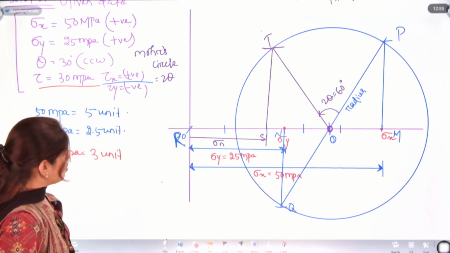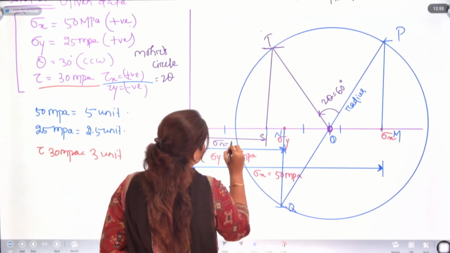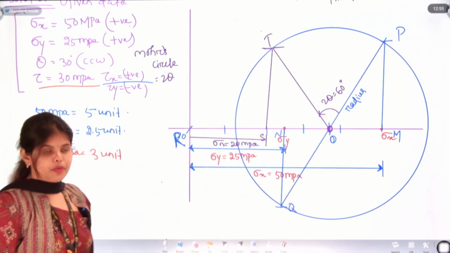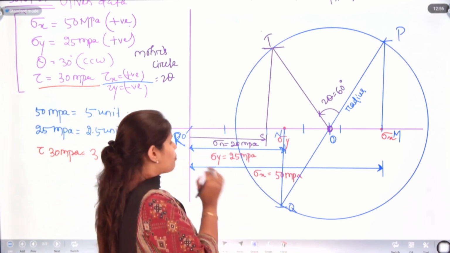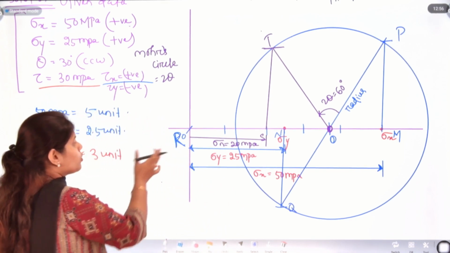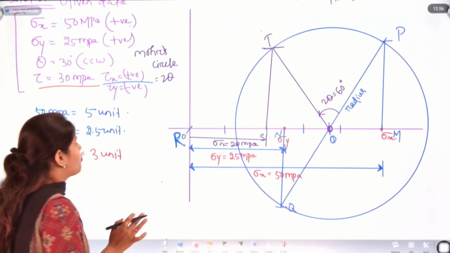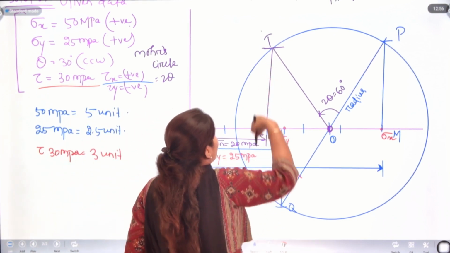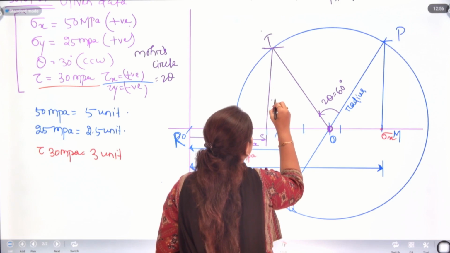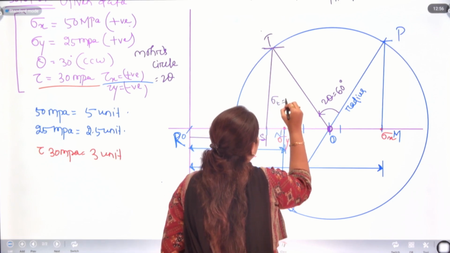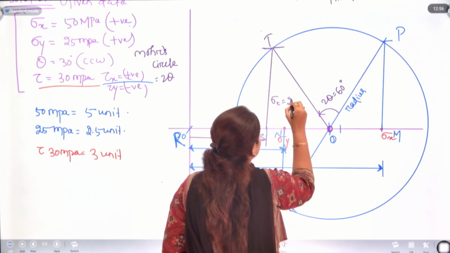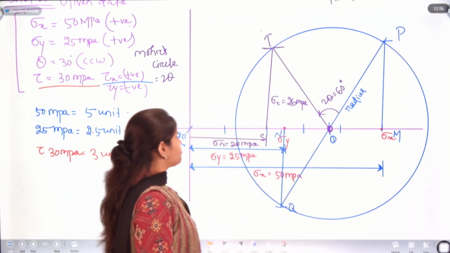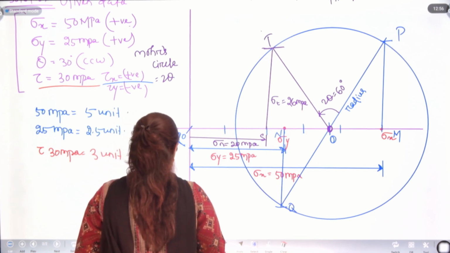It will be what? Sigma n will be 20 megapascal. For a perfect value, you can use pencil and eraser, and also you can use AutoCAD. Okay. So, we have the sigma n value, and in case of TS, let's take this as sigma t, as what? 26 MPa.